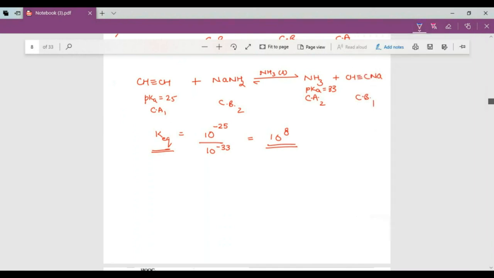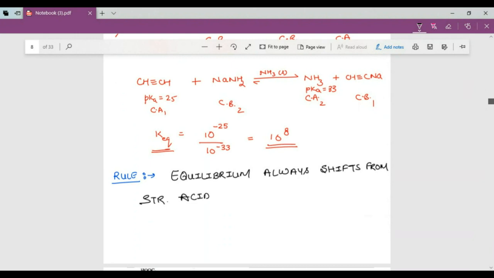A very handy rule that I would like to share with you: always, as a rule, equilibrium always shifts from strong acid-base to weak acid-base.